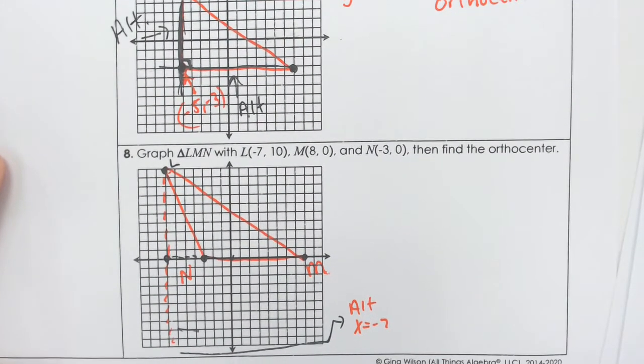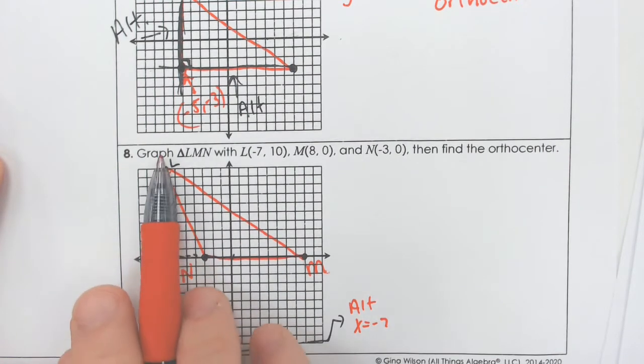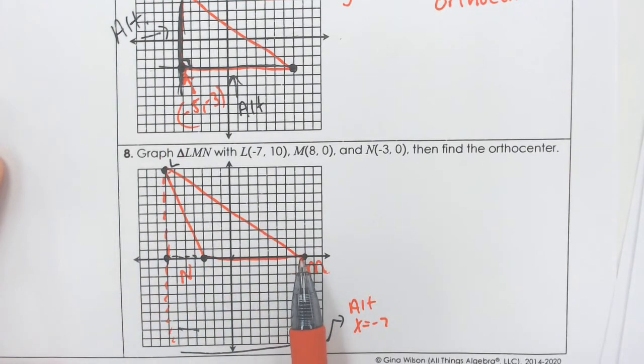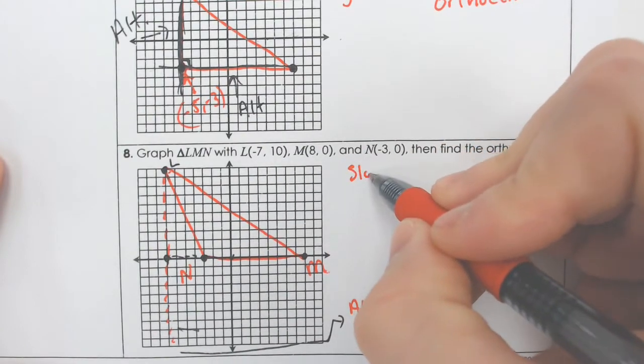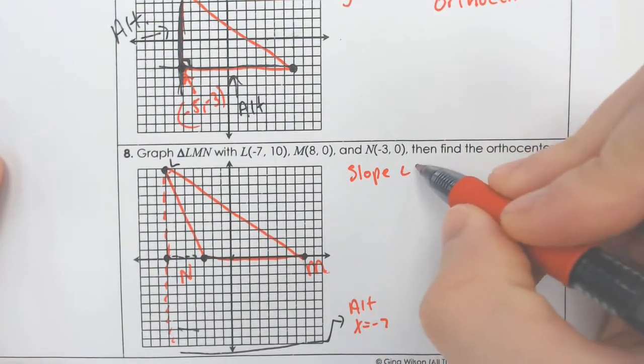I now need to find the perpendicular slope to any of the other sides. I am going to choose LM. LM has a lot of real estate, so I'm just going to choose that one and see how it goes. So LM, I'm going to find the slope of LM, and then I'm going to find the perpendicular slope of LM.